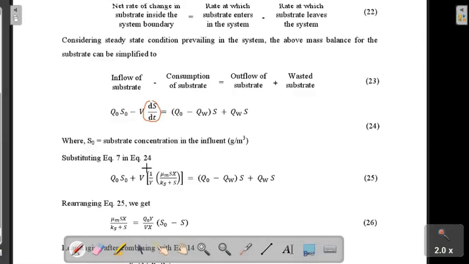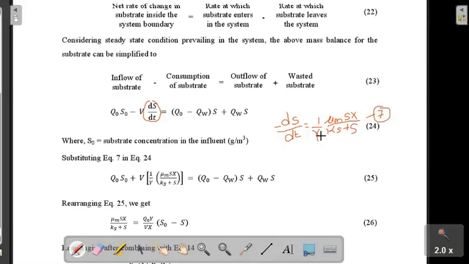So equation number 7 is: minus dS/dt equals 1 upon Y into mu m S X divided by Ks plus S. Okay, so this is equation number 7.